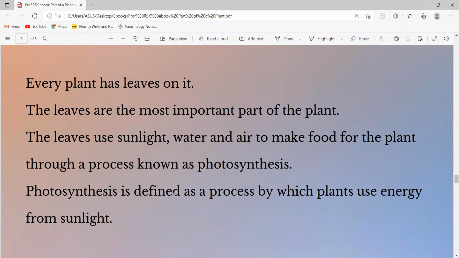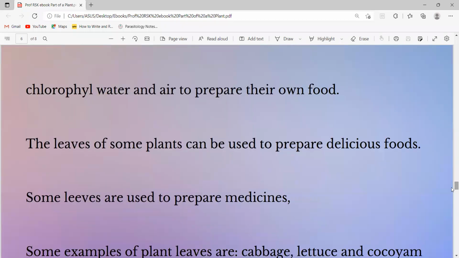Photosynthesis is defined as the process by which plants use energy from sunlight to prepare their own food using water from the soil and chlorophyll from the leaves. All right. So that is the definition for photosynthesis.